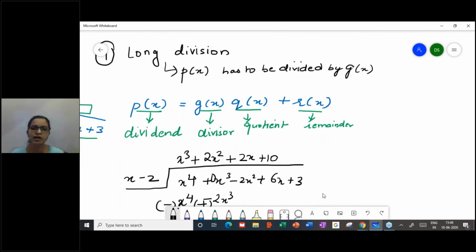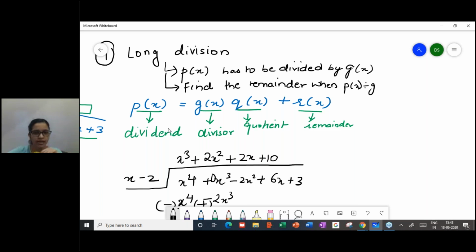Or they will ask you to find the remainder when an expression is divided by g of x. Abhishek, can you check your answer? The remainder is 23. You are making a mistake somewhere.